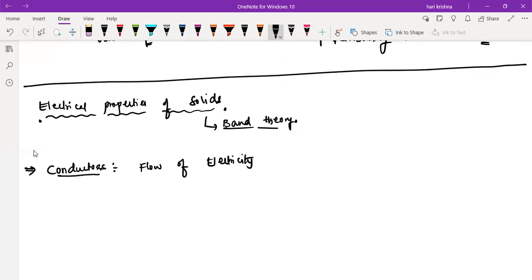Totally we have a conductivity range in the order of 27. Okay, first we'll start from 10 power minus 20 to 10 power 7 ohm inverse meter inverse.